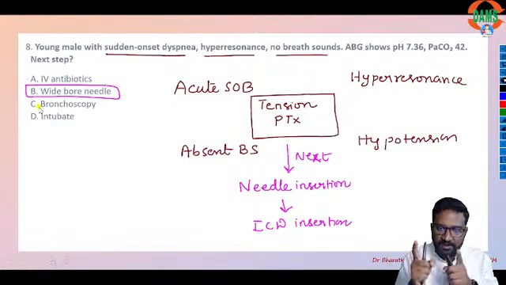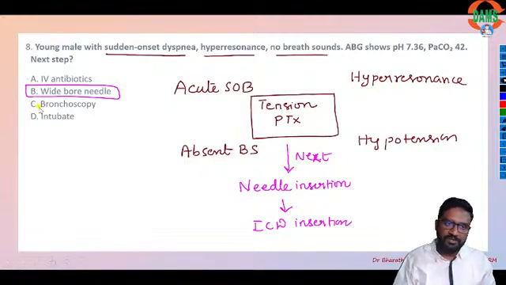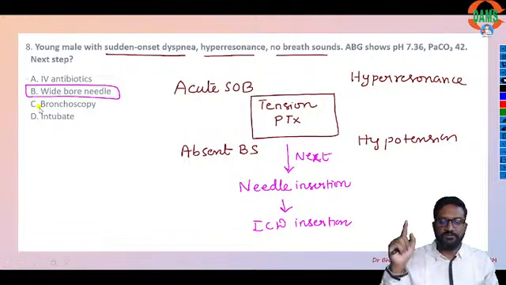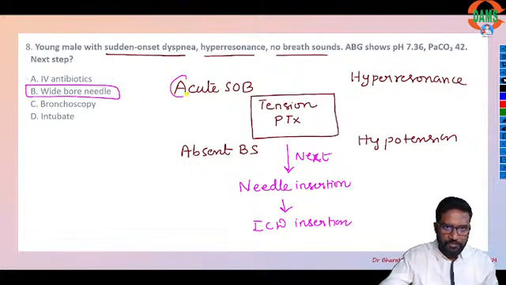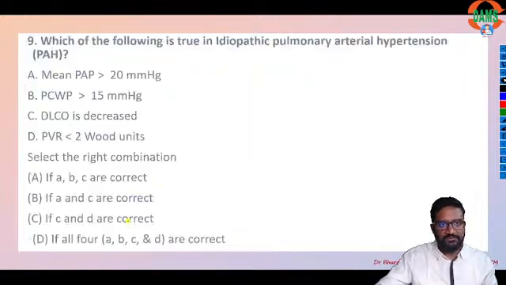But if it is a reversible cause like tension pneumothorax, if you relieve that compression, patient may actually not require intubation later on. So this is the best answer. Acute shortness of breath, absent breath sounds, hyper resonant note, hypotension. So you have 2 A's and 2 H's to identify tension pneumothorax.